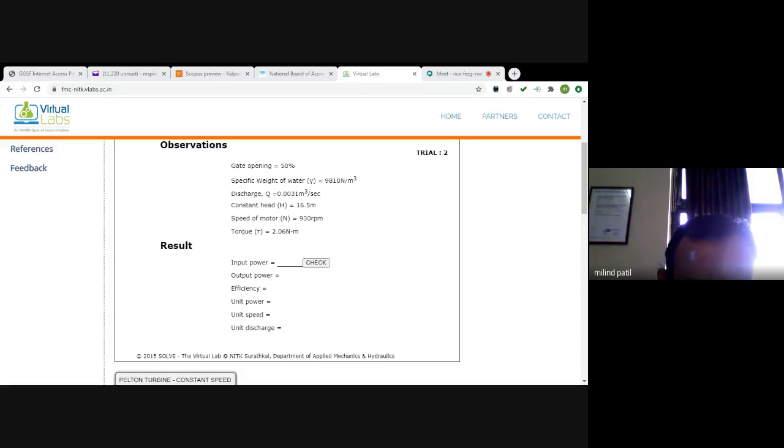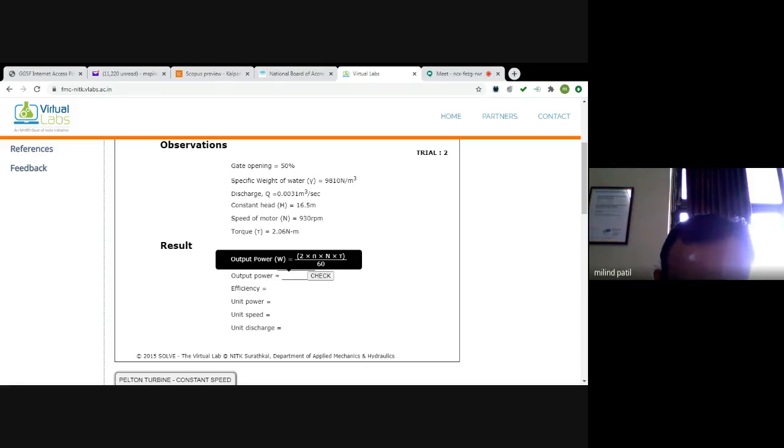And 1.78. Calculate the output power. Input power is 220 upon 60.